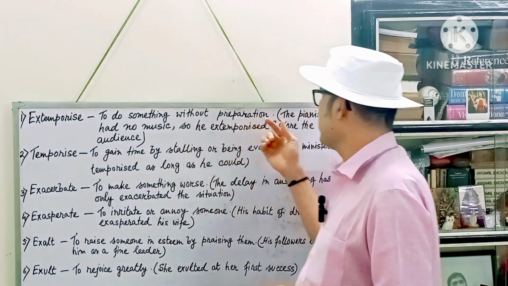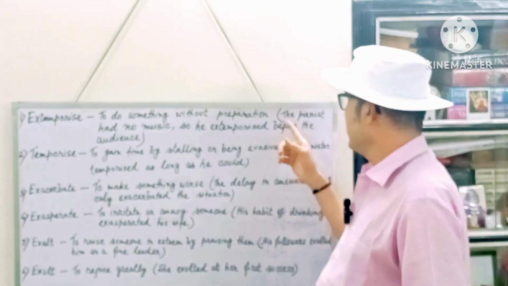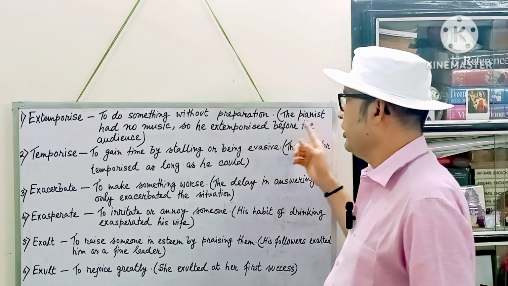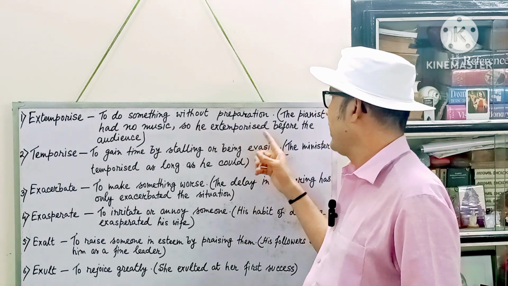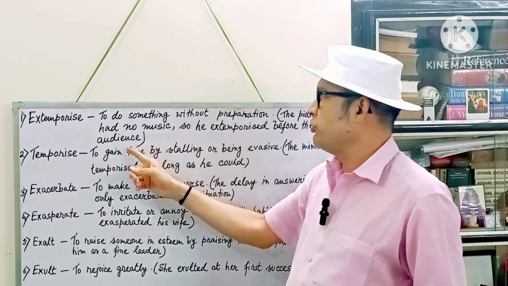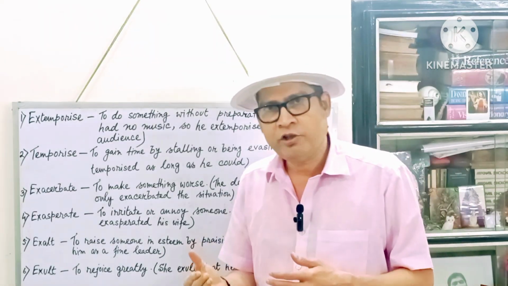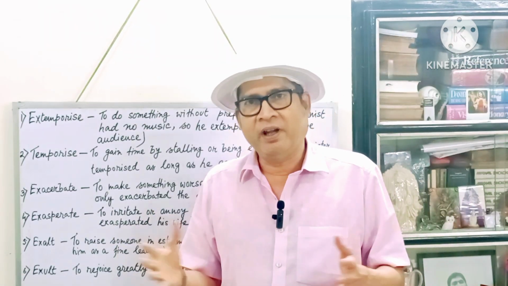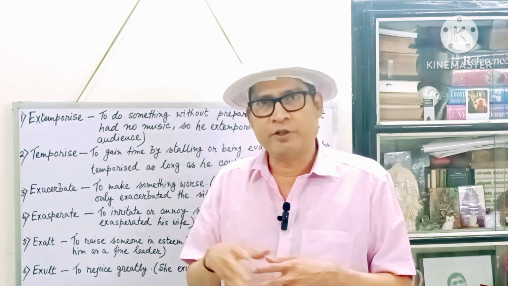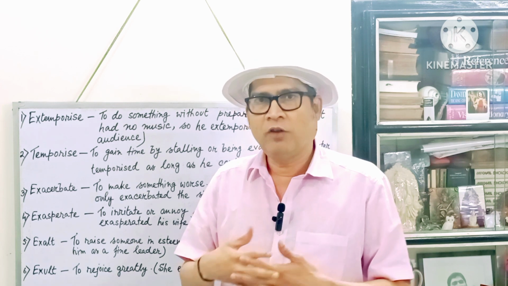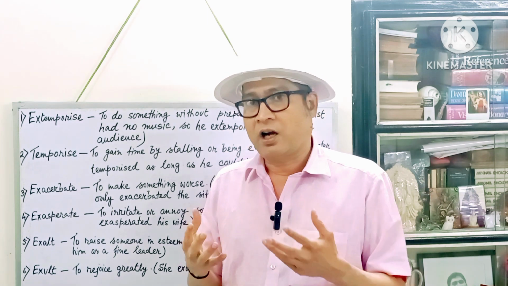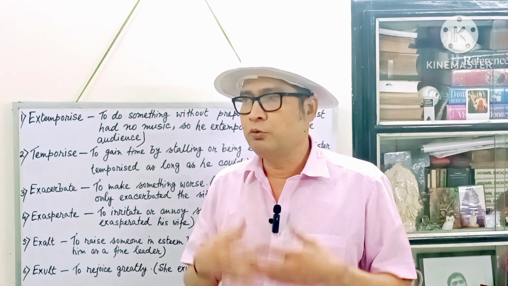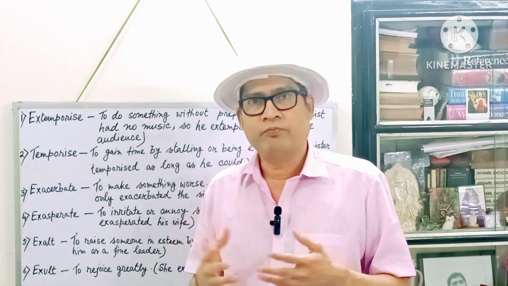Let's look at the example sentence within brackets. The example sentence is, the pianist had no music, so he extemporized before the audience. The pianist is not prepared to play the instrument, but all of a sudden he is called upon by the anchor to perform.